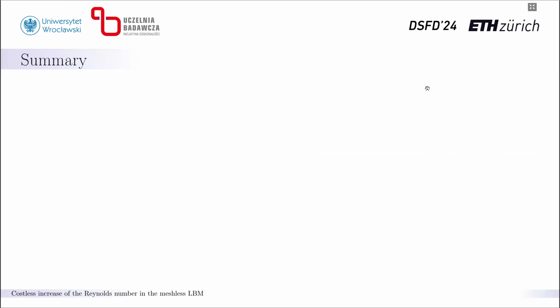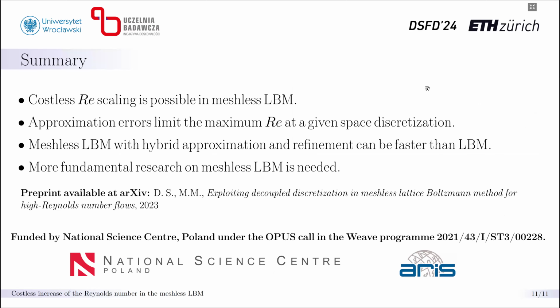So to sum the things up, we showed that costless Reynolds number scaling is possible in meshless LBM, that the maximal achievable Reynolds number at a given space discretization is limited by the space approximation errors, and that careful choice of the approximation scheme, nodes layout, and nodes density can make meshless LBM perform faster than the standard LBM.